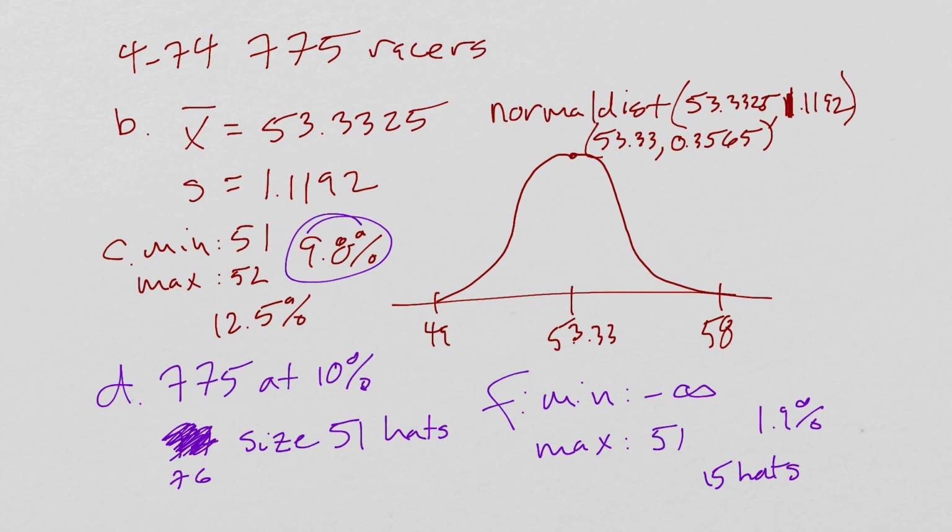Cool. And I think that's pretty much it. Actually, that was E, not F. There's one more for F, but it's basically the same thing, right? We're just plugging in values for our minimum. We're plugging in values for our maximum.